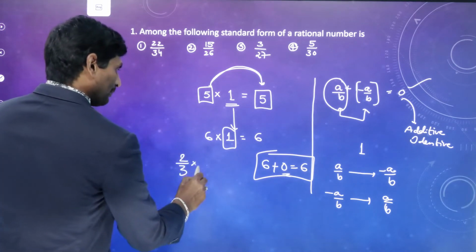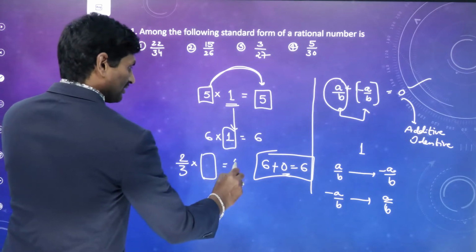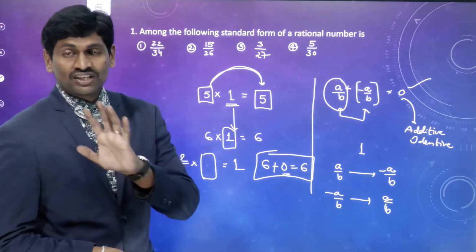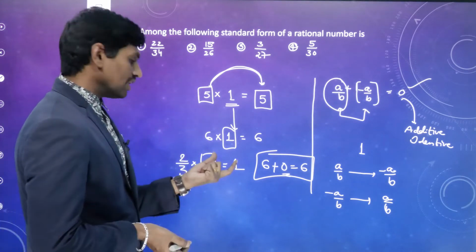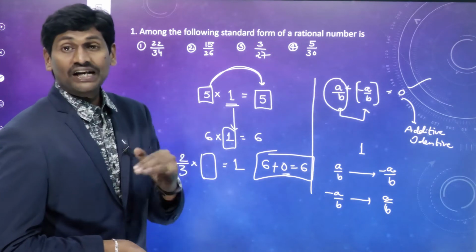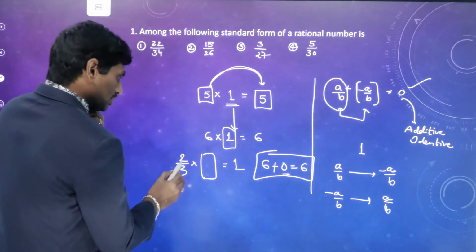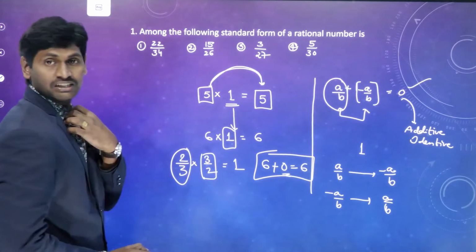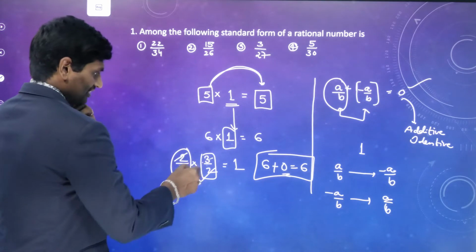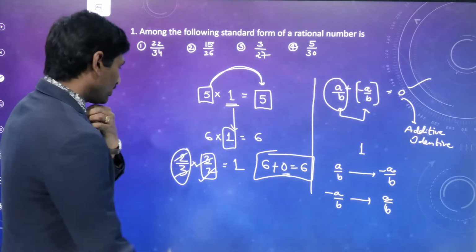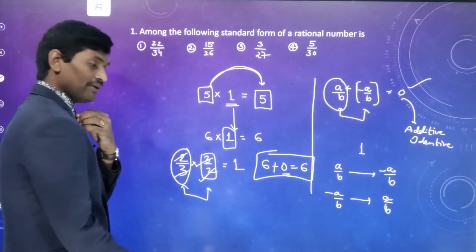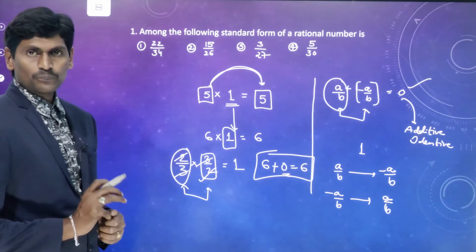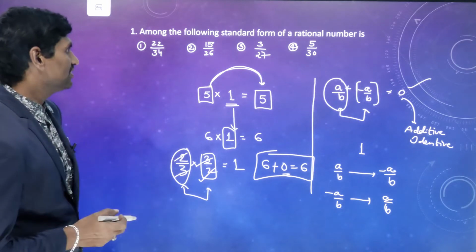For example, if you multiply two numbers and the answer is 1, then each number is called the multiplicative inverse, or reciprocal, of the other. So for 2 by 3 to become 1, we should multiply with 3 by 2. Then 2 cancels, 3 cancels, and the answer will be 1. The multiplicative inverse of 2 by 3 is 3 by 2, as well as the multiplicative inverse of 3 by 2 is 2 by 3. Clear, children?